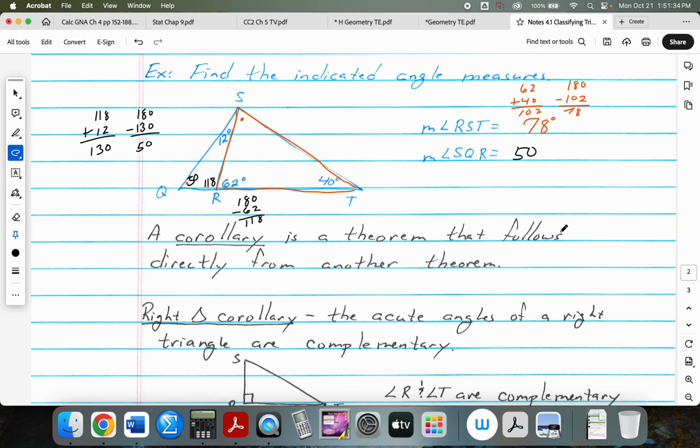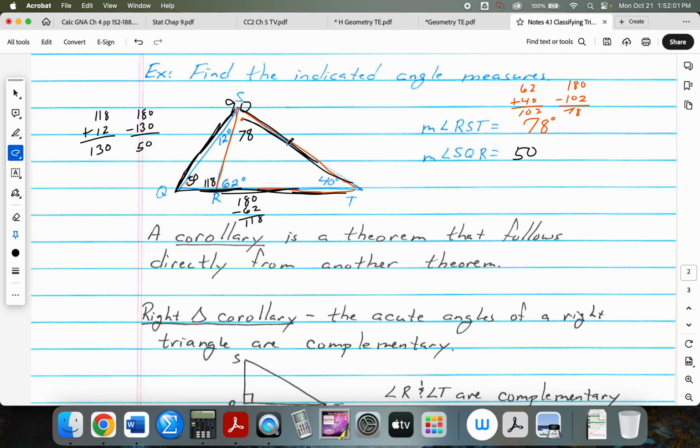The other way that you could have done that is, instead of looking at little triangles, look at the whole big triangle. If everyone will watch this, you don't have to necessarily write it down, but this is what's happening. If I look at this whole big triangle, I already found that this angle is 78. 78 plus 12 is 90, so this whole angle is 90.